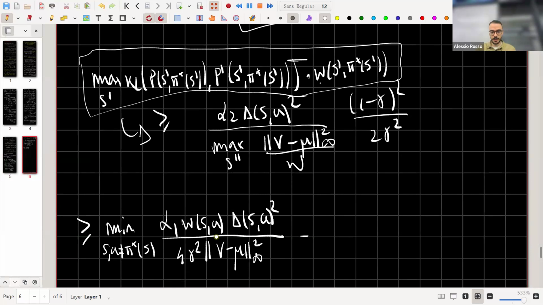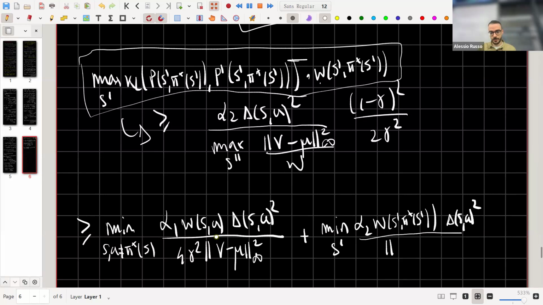And then we have the other term, which becomes plus minimum over S prime of W, here it's S prime pi star S prime, alpha 2 delta SA squared divided by this V minus mu infinity norm. And also here we have 1 minus gamma squared divided by 2 gamma squared.